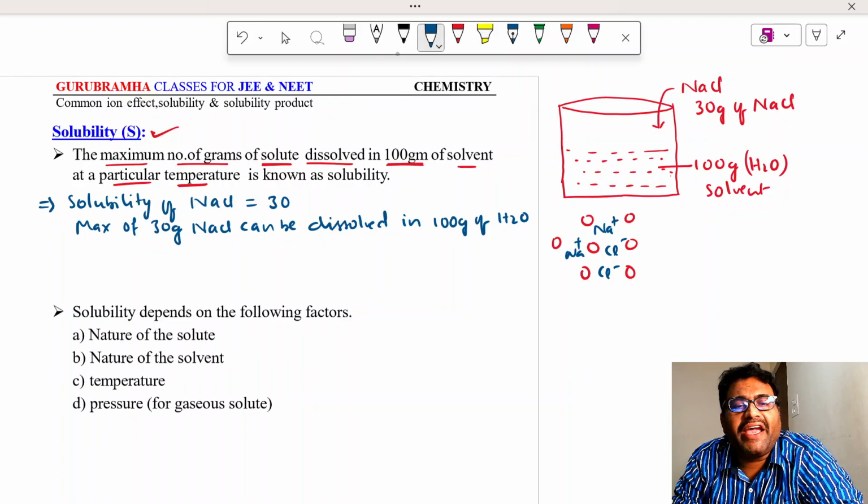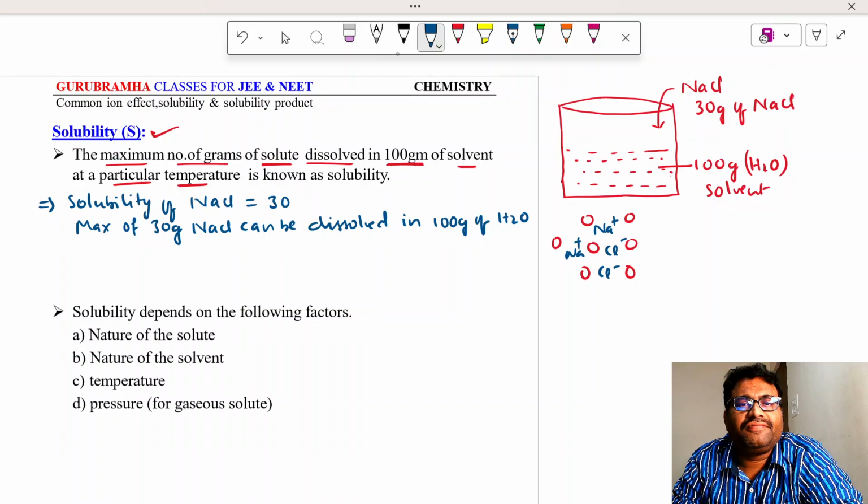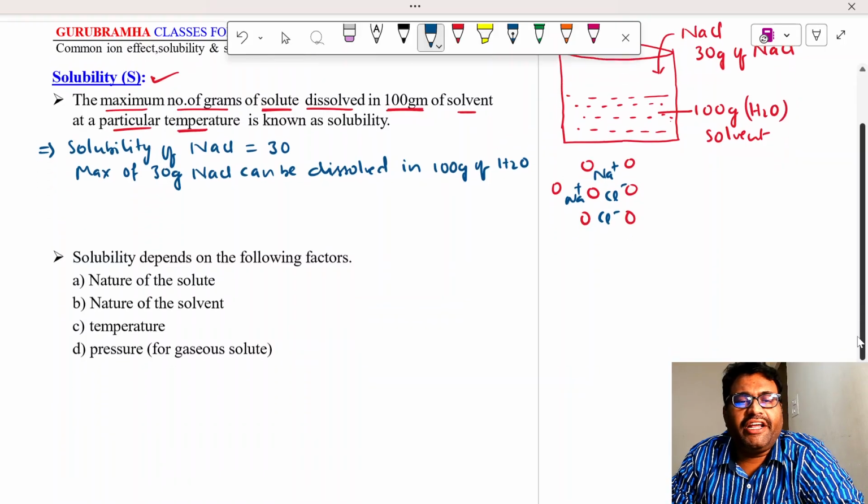That is, maximum of 30 grams of NaCl can be dissolved in 100 grams of water. More than that, it cannot dissolve. This is only an example. Right? Did you understand? That is called the solubility.